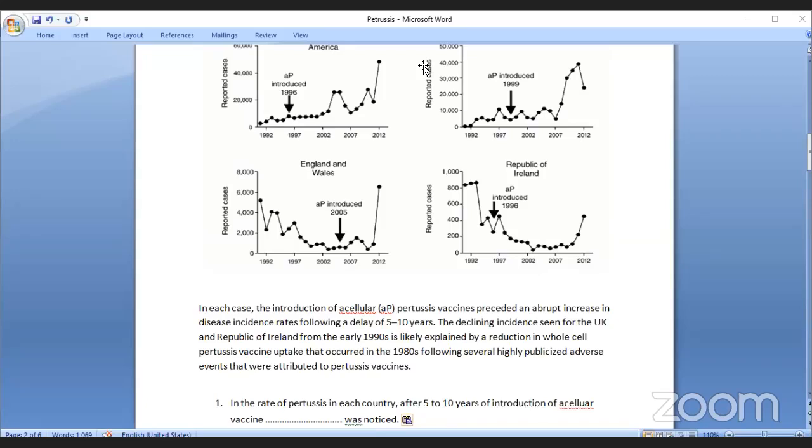Don't write half of the sentence, just write some words only. You don't need to write 1, 2, 3, 4, 5, 6 words. Decrease in disease, Miss Mavish, very good. So after 5 to 10 years of introduction of acellular vaccine, decrease in disease was noticed.